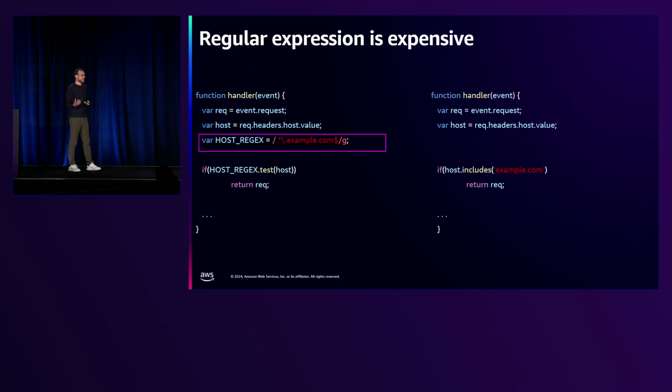There's a lot of built-in functions inside of JavaScript that will do that for you automatically, like this include statement here. Anytime you're going to use the native JavaScript functions, it's going to be better performance than if you try to use regular expression. And so use, whenever you can, the native capabilities of JavaScript instead of regular expression. You can use regular expression, just be judicious in how and when you use it inside your functions.